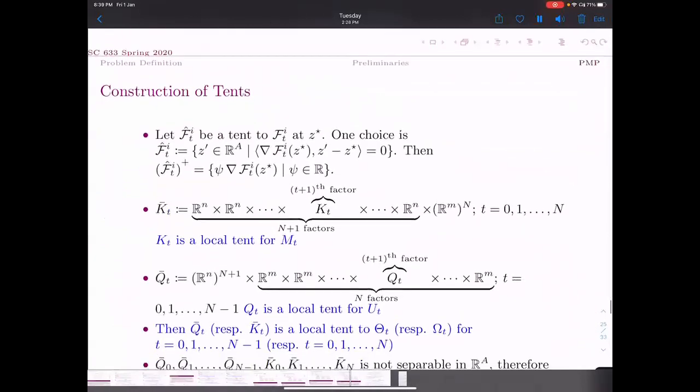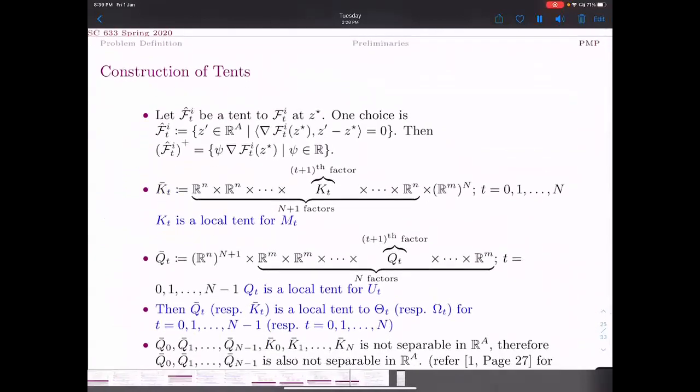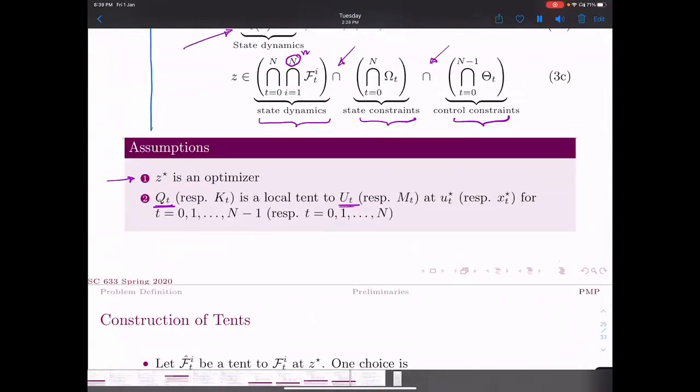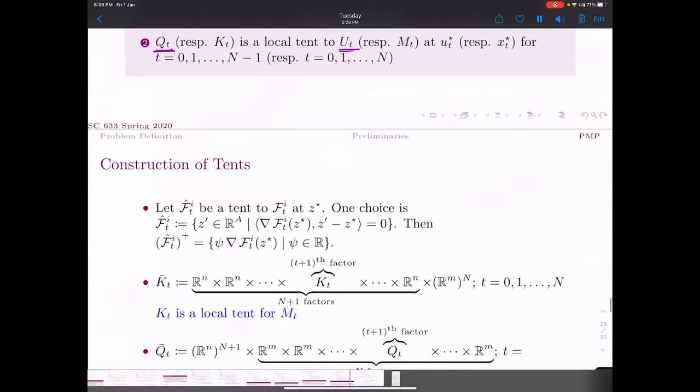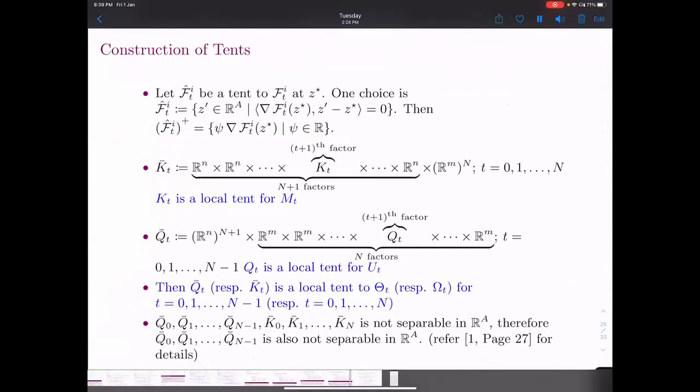So now we go ahead and construct tents. Remember, we have talked of Qt and Kt being the tents. So now we are replacing the earlier sets. If you see the second itemized dot and you see the Kt with the curly bracket upstairs, now it's a local tent for the earlier set. So it's like a linear approximation.